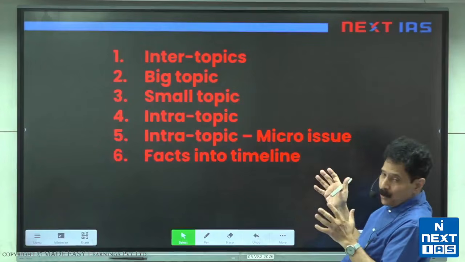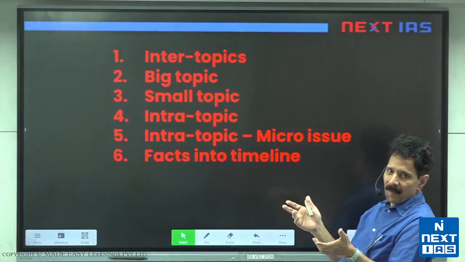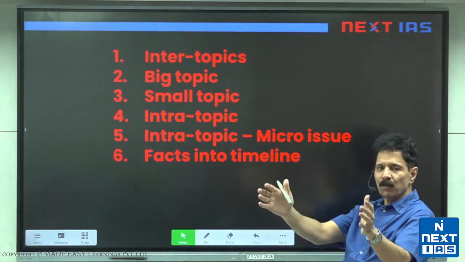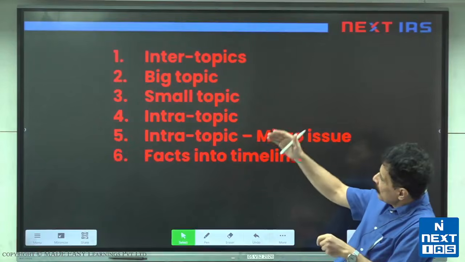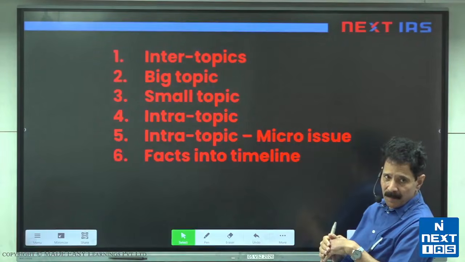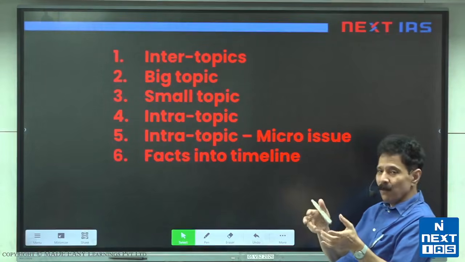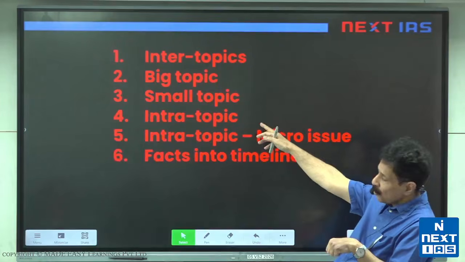Second, a big topic: timeline can be used in a very big, huge topic. Third, in a small topic. Fourth, within a topic, that is intra-topic.